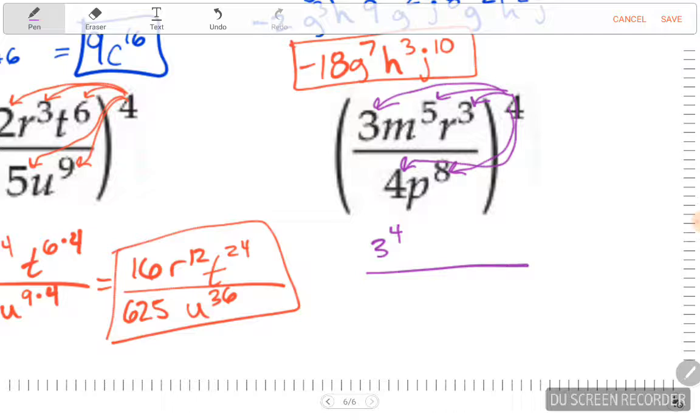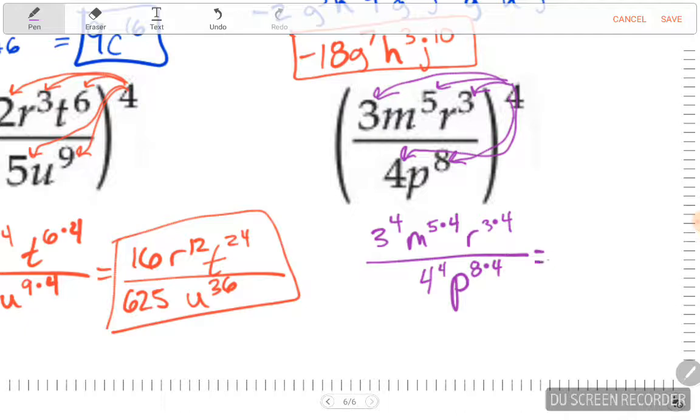Let's make this a fraction so I remember. 3 to the 4th, M to the 5th, then to the 4th, power to a power, we multiply. R to the 3rd, then to the 4th, power to a power, you multiply. 4 to the 4th. Rewrite that, sorry. 4 to the 4th, P to the 8 times 4. Okay, and then just simplify that down.